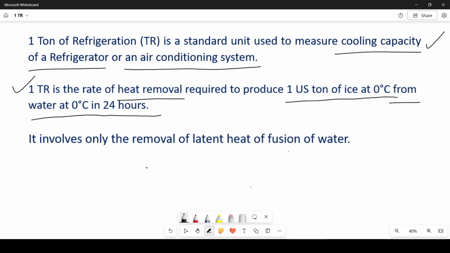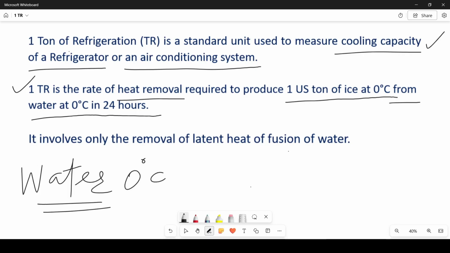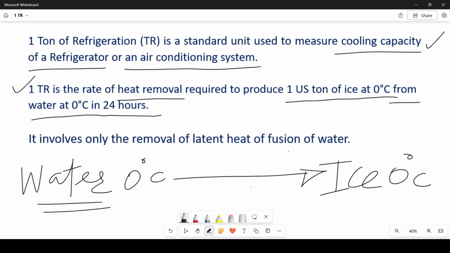So what it means is we have 1 US ton of water here, which is at 0 degrees Celsius. We are changing this water's phase to ice, 1 US ton of ice which is also at 0 degrees Celsius. There is no temperature difference. This is purely a phase change process.